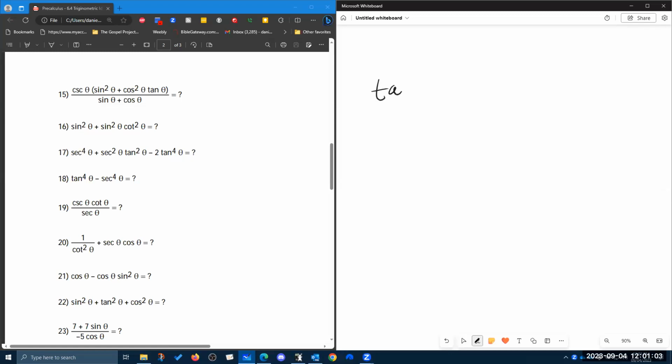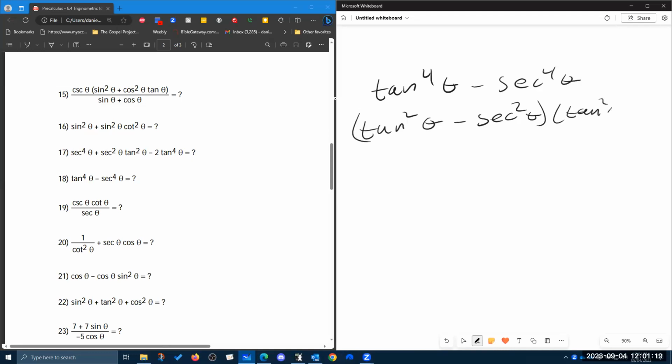Now I want tan to the fourth theta minus secant to the fourth theta. So this is a difference of squares. Tan squared theta minus secant squared theta times tan squared theta plus secant squared theta. We've already gone through this. 1 plus tangent squared is secant squared, minus 1 minus tan squared.